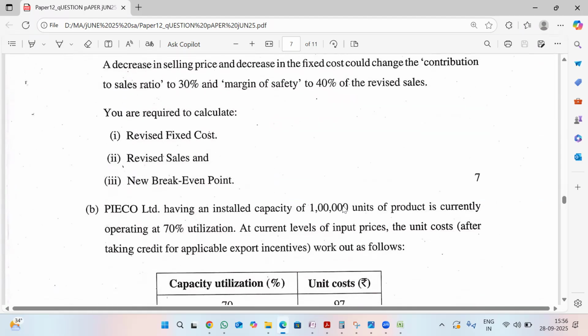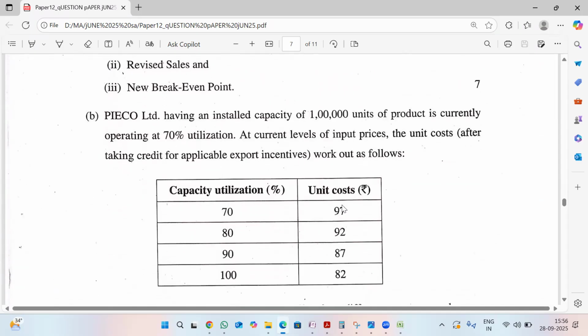So now let's move on to 4B. Pico Limited, having an installed capacity of 1 lakh units of product, is currently operating at 70% utilization. At current levels of input prices, the unit cost after taking credit for applicable export incentive works out as follows.